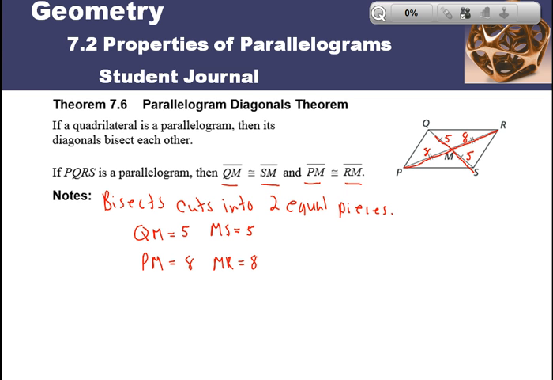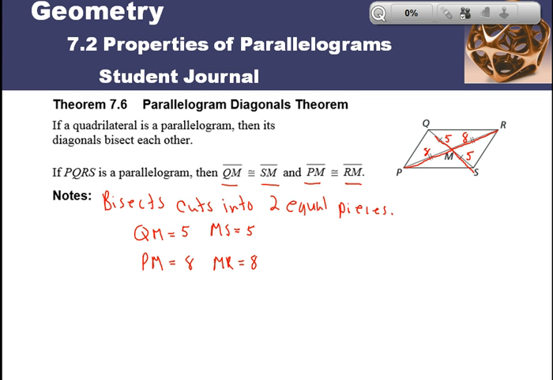We've learned that opposite sides are parallel, opposite sides are equal, opposite angles are equal, and consecutive angles add up to 180 degrees. And the diagonals cut each other into two equal pieces.